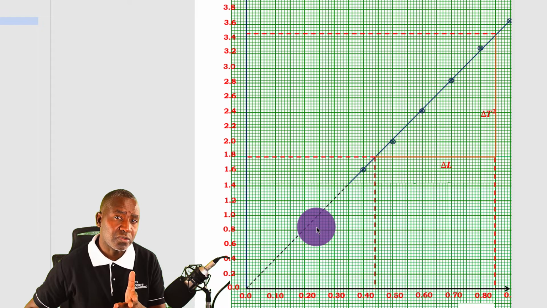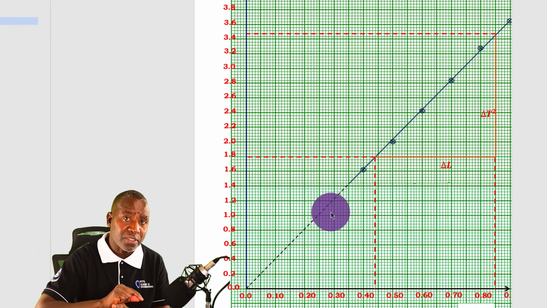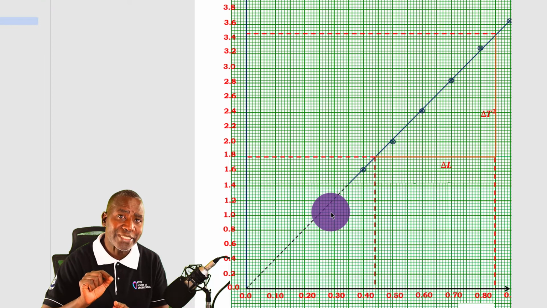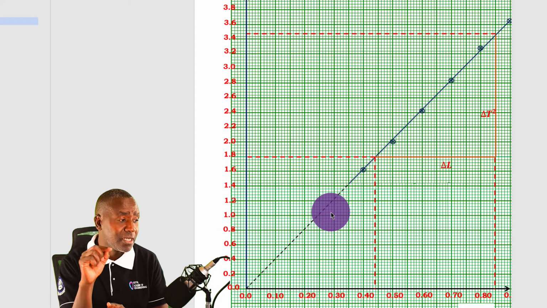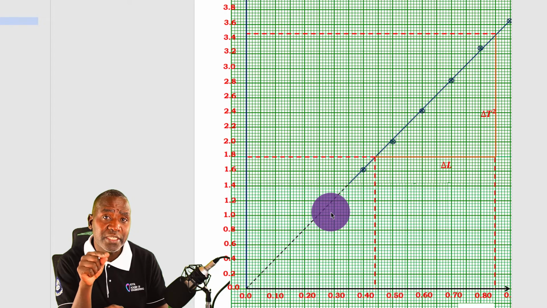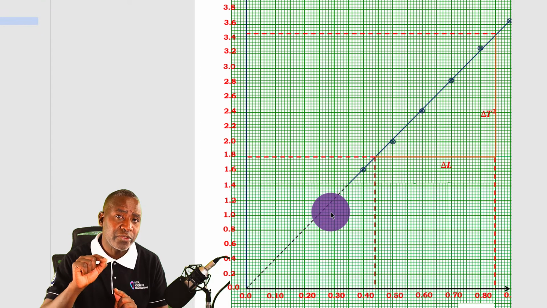That is not true. So what I've done here is to dot my line backwards. We call it extrapolation. Remember, drawing a solid line means that those points were actually obtained in the practical, which is not the case. So always extrapolate your graph by using a dotted line.